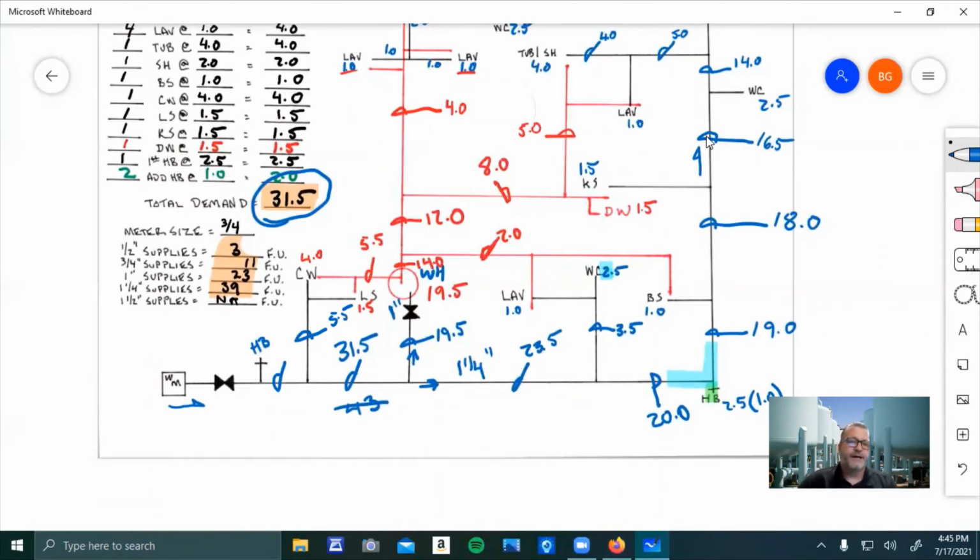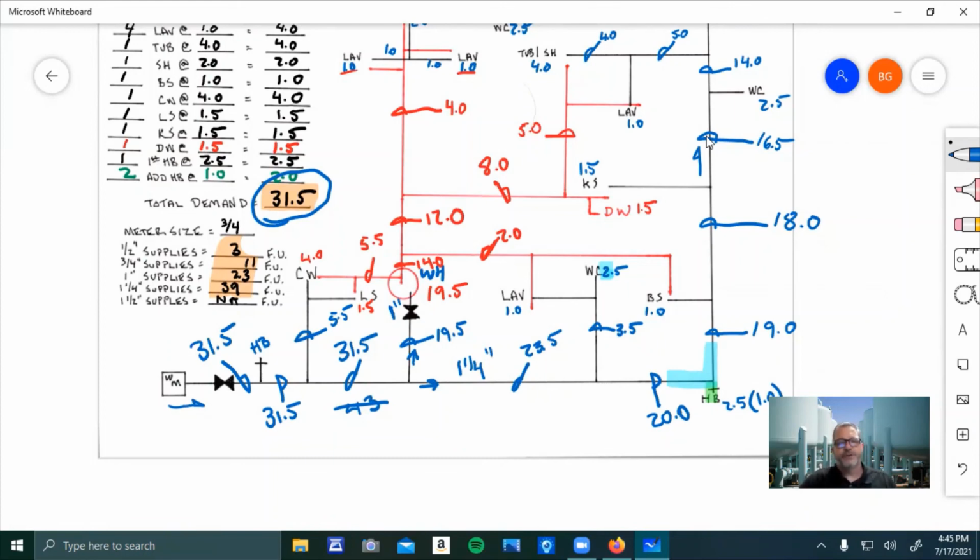We have a fixture unit value of 31.5. Right? And then the hose bib, we add the hose bib. We add 1 to it, but it doesn't matter because no matter what, it's going to be 31.5. That's the maximum. That's as high as we go.